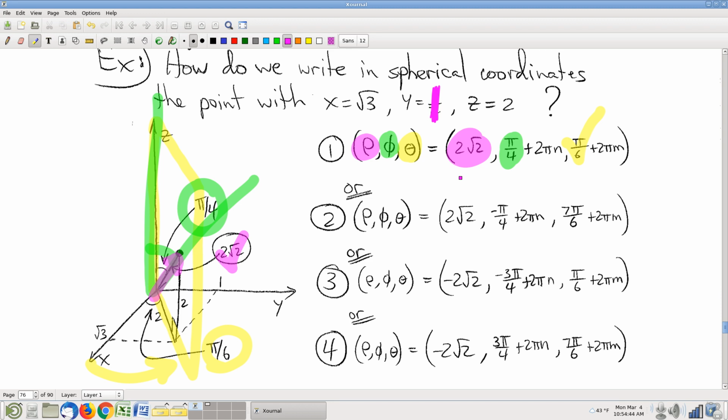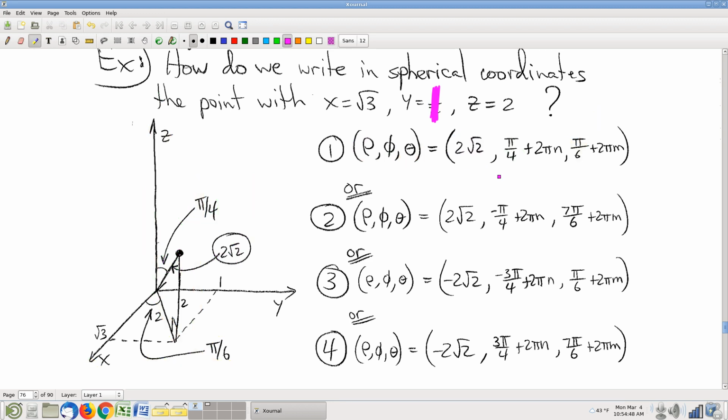But it's not the only way to do this. So here's a different way to write perfectly legitimate spherical coordinates to describe this point. It's going to seem a little weird, right? But this point, now I drew this half plane previously.